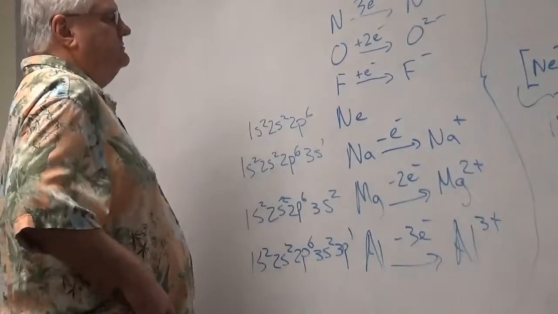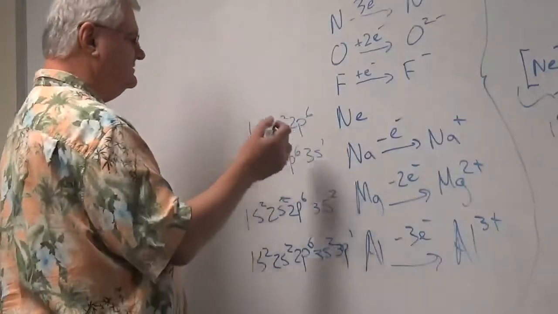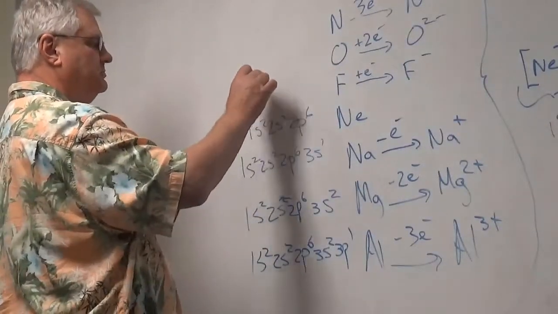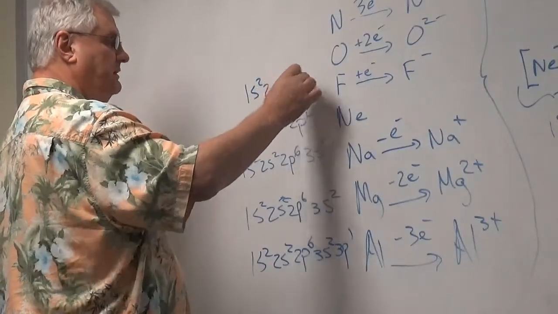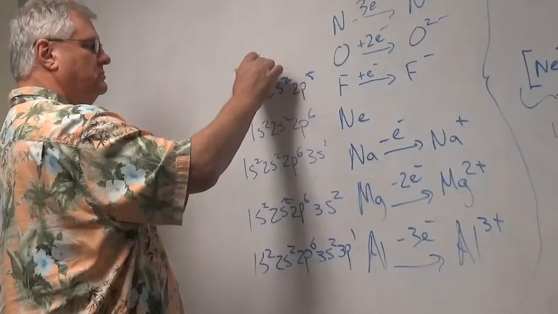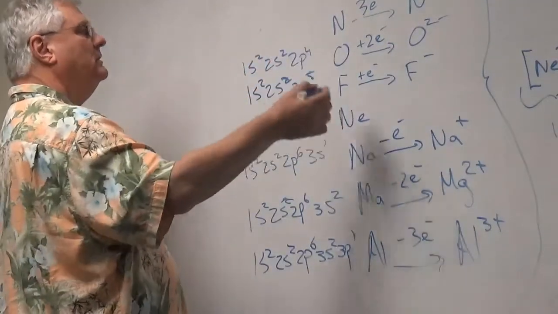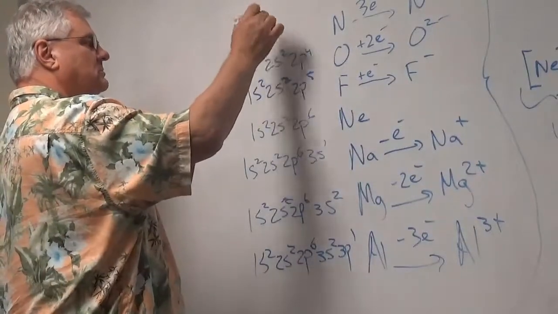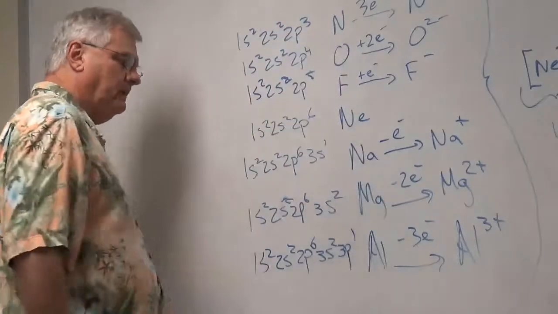Going the other direction here, fluorine gains an electron to form fluoride. It starts out 1s2, 2s2, 2p5. Oxygen, 1s2, 2s2, 2p4. Nitrogen, 1s2, 2s2, 2p3.